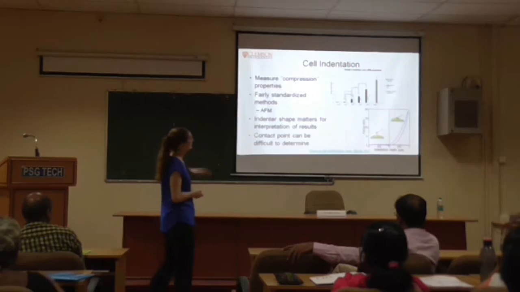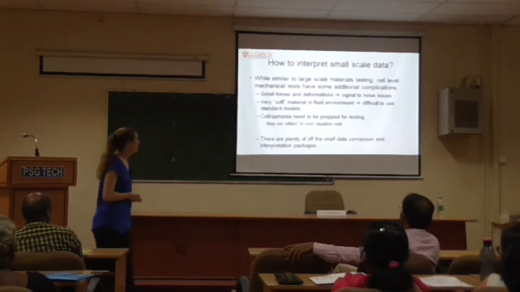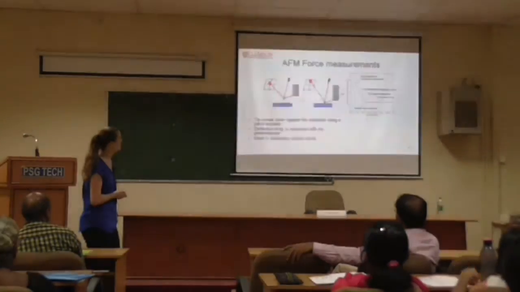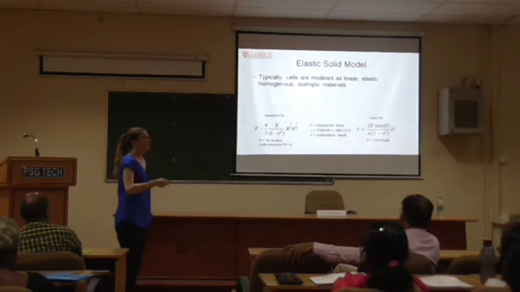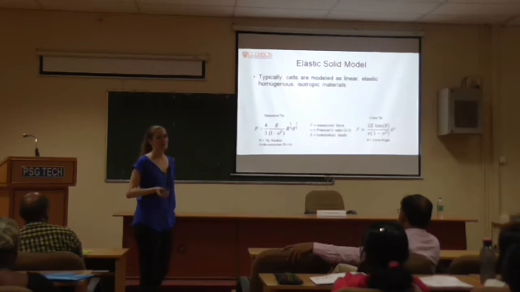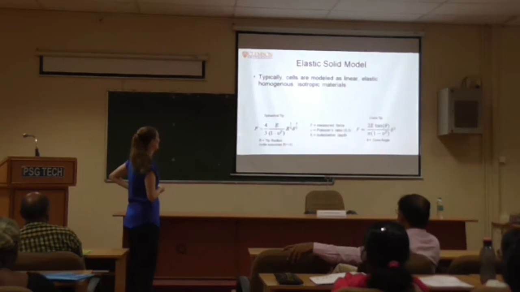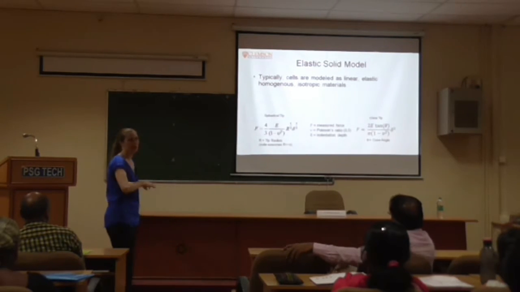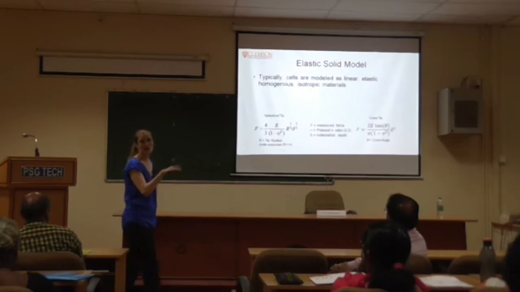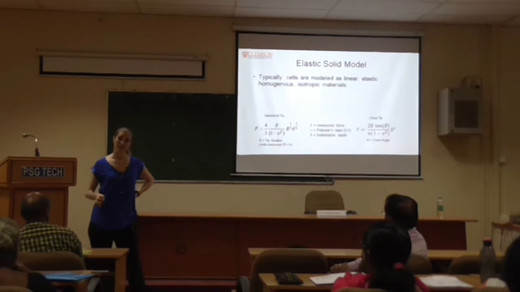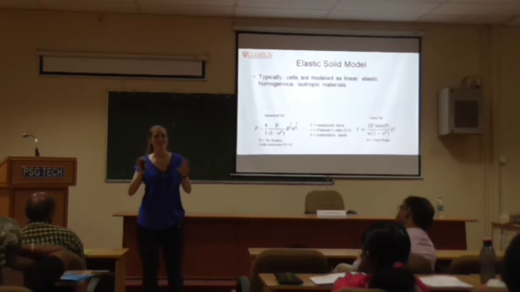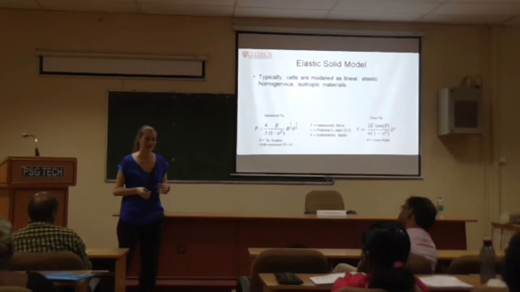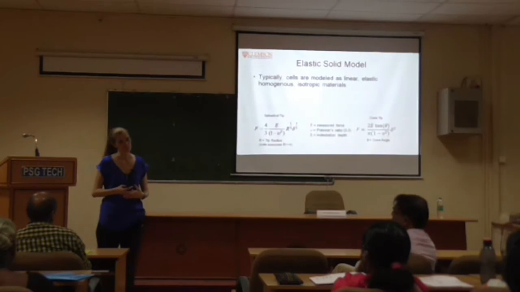The last way is similar: I assume that at the very beginning of the indentation the data looks elastic, so I fit an elastic model and find the contact point by finding where it deviates. There are other ways of doing it. Maybe you zoom in and eyeball it. You'll all look at the data as a group and determine where that contact point is.